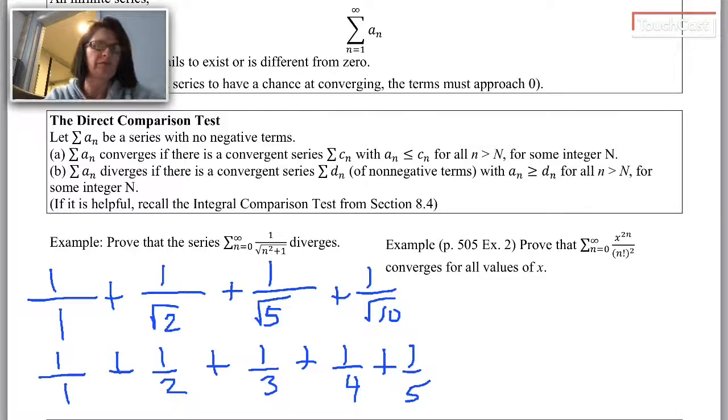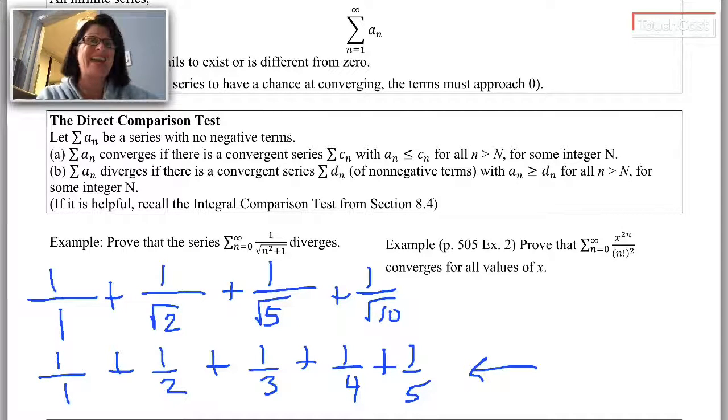The square root of 2 is bigger than 1. So this one you have to know by heart. This is called the harmonic series, and it definitely diverges. We've talked about that back in chapter 8.